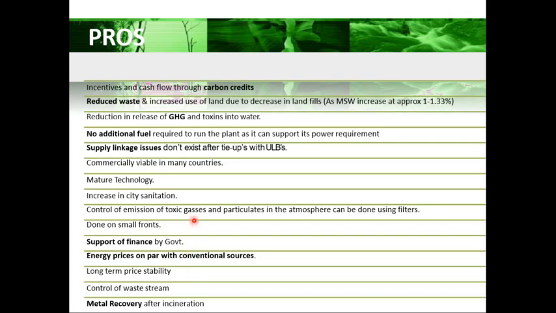Now, everything has pros and cons, advantages as well as disadvantages. So here are some pros. Incentives and cash flow from carbon credits, reduced waste and increased use of land due to decrease in landfills as MSW increased approximately 1 to 1.33%.